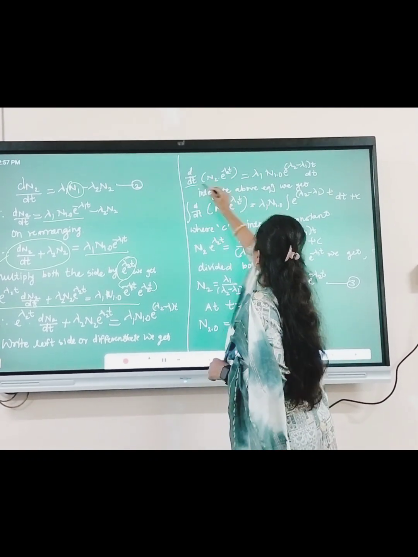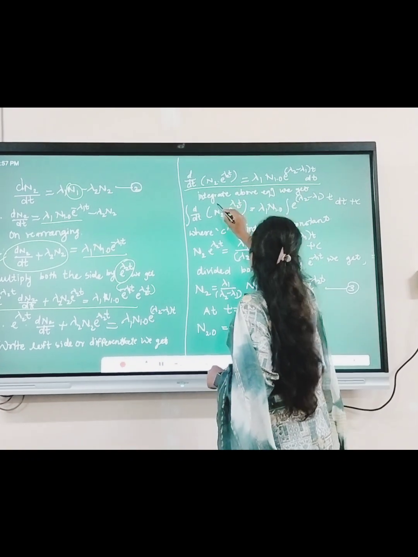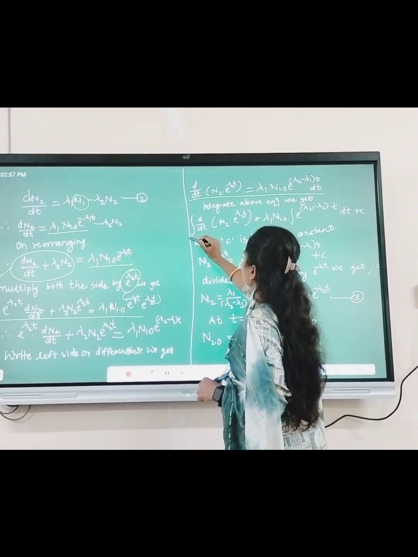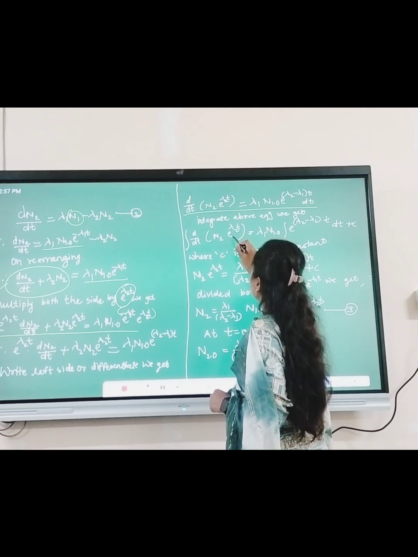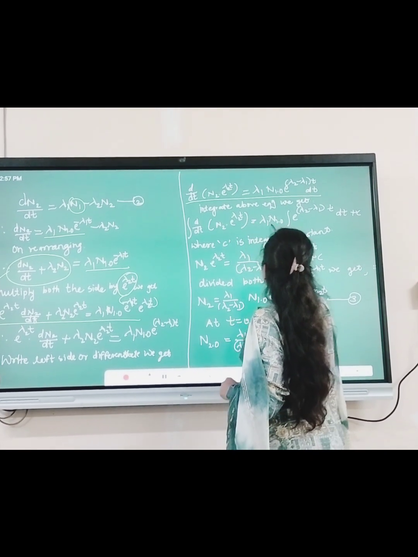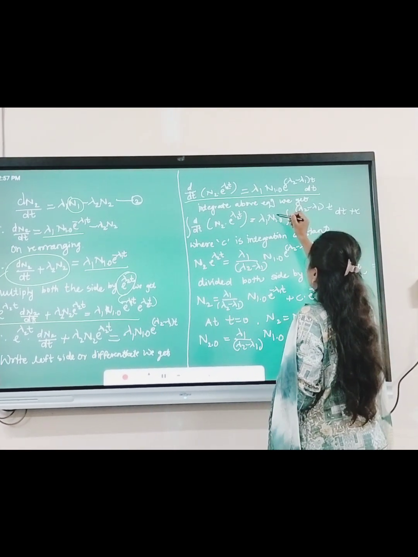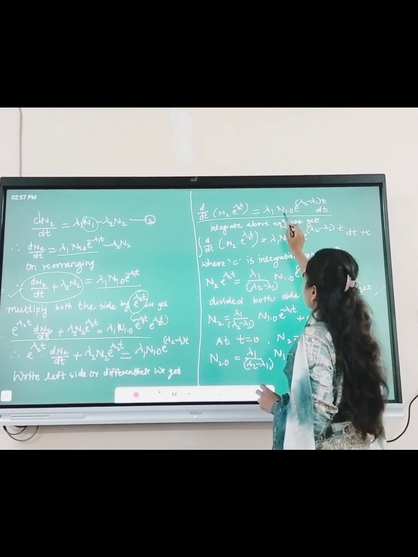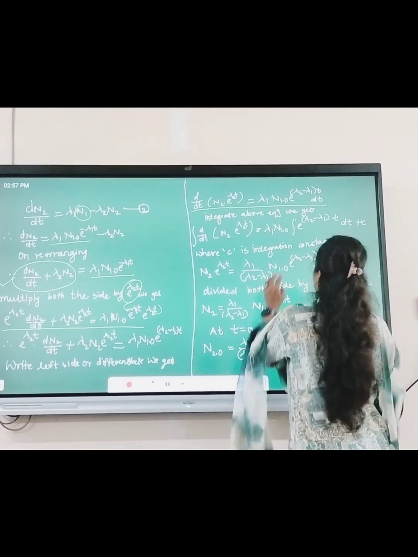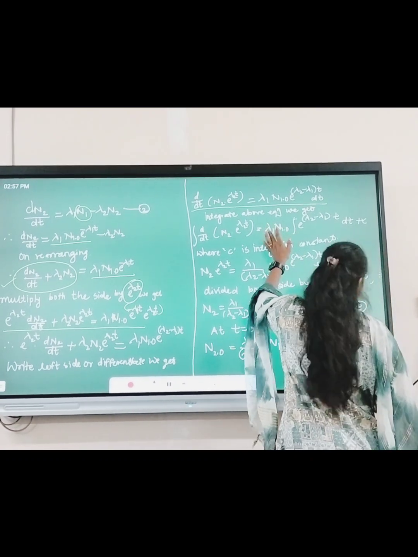Then we integrate this equation. Integrating N2 into e raised to lambda 2 t is equal to lambda 1 into N 1.0, both are constants, so they are outside the integration.